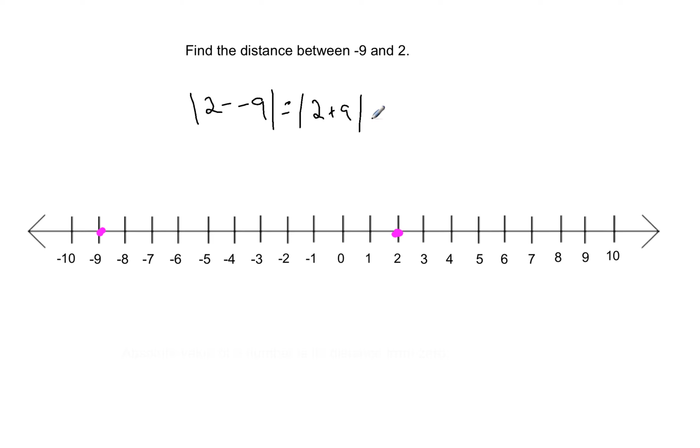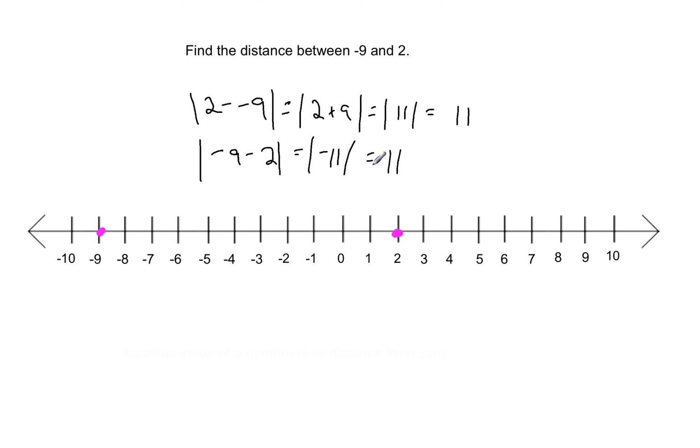If you recall, when you are subtracting a negative number, it becomes positive, which is equal to the absolute value of 11, which is equal to 11. Alternatively, I should be able to take the absolute value of minus 9 minus 2, which is equal to the absolute value of minus 11, which is also equal to 11.